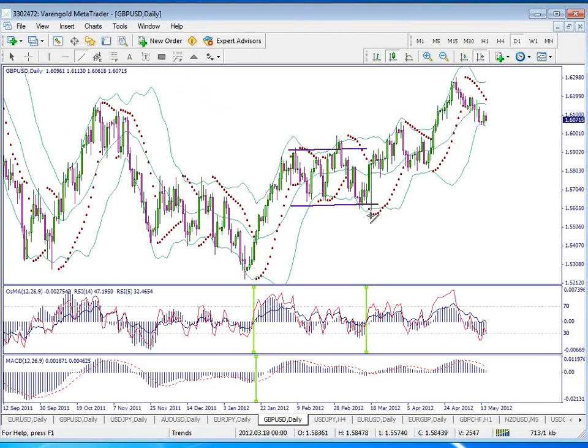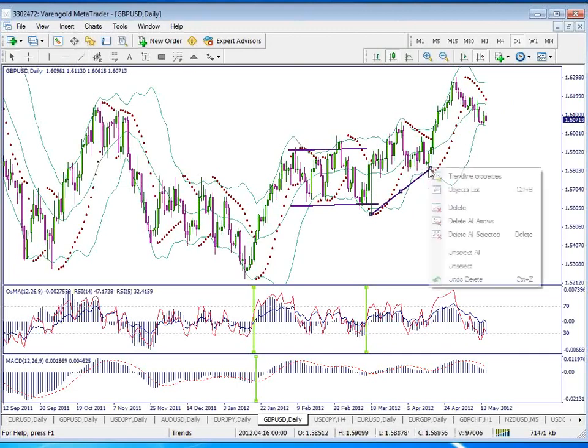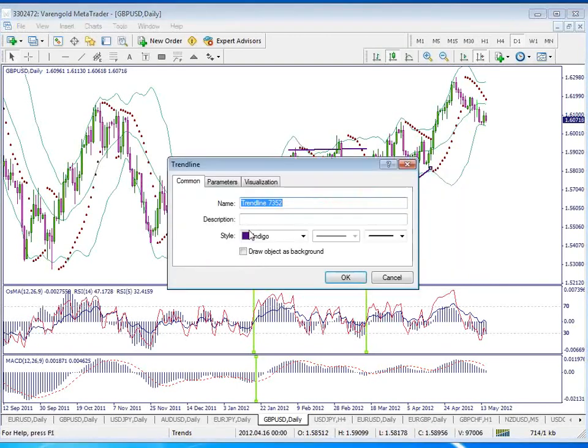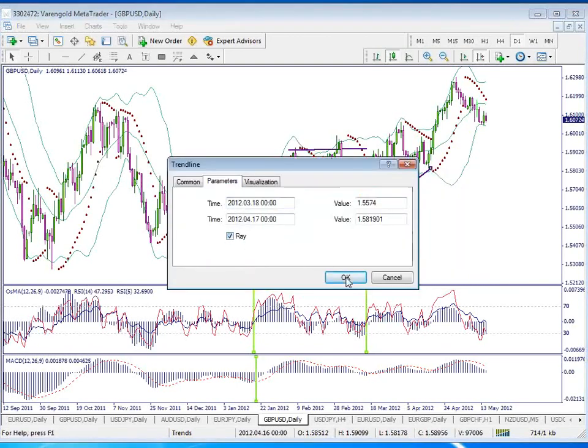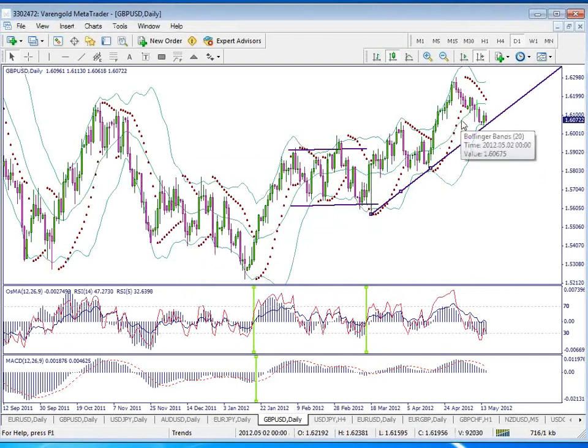I just can draw the channel. I have 2 points here. So I have the inferior line of the channel, and I can translate this line to have one channel.